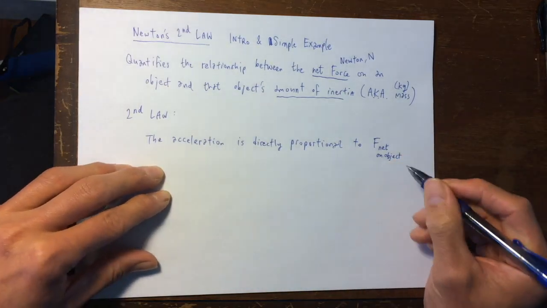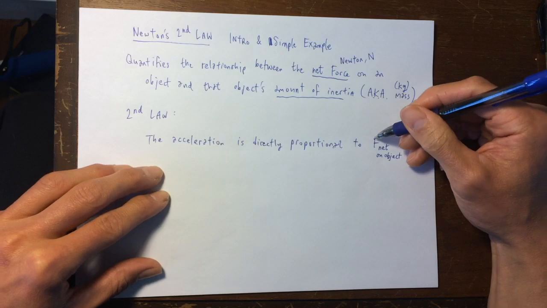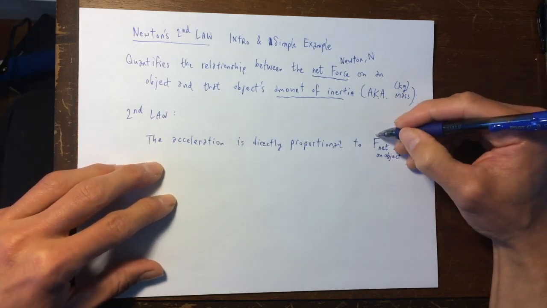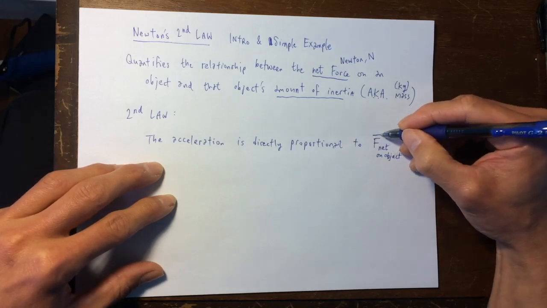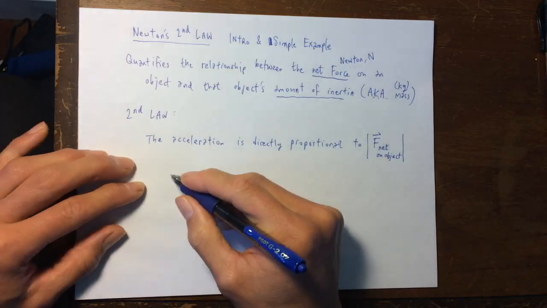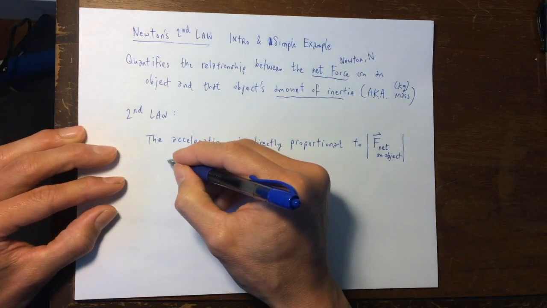So it's directly proportional to this quantity, and let's be really careful. I'm going to be somewhat pedantic. It's directly proportional to the size of this vector, so that's the magnitude, but it's also in the same direction.